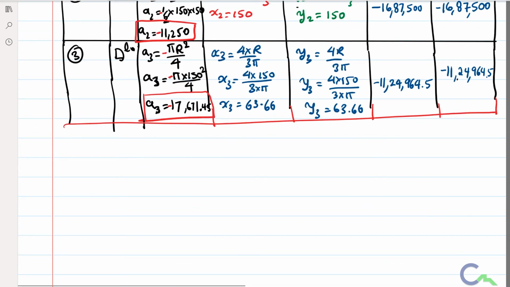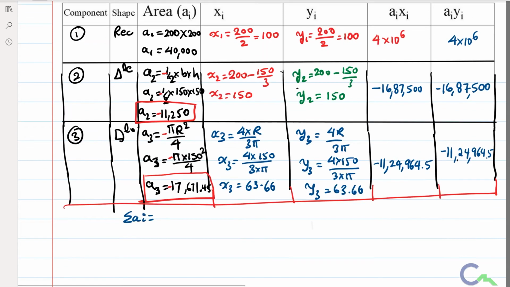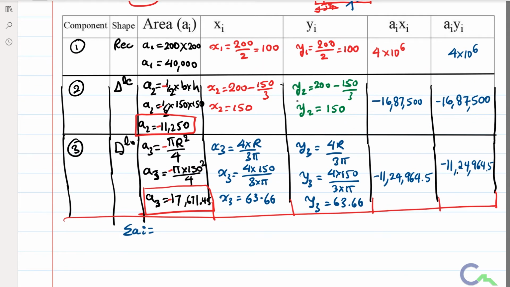After that I am going to do the summation. First I am going to do the summation of area, sigma Ai. So we have A1 value 40,000 minus 11,250 minus 17,671.45, we will get 11,078.55 mm square.